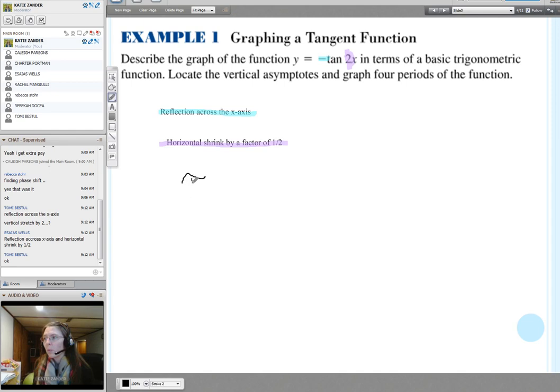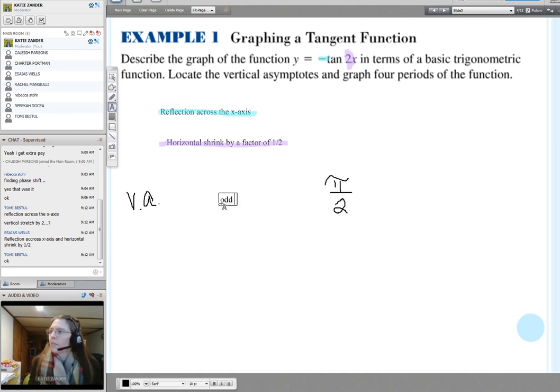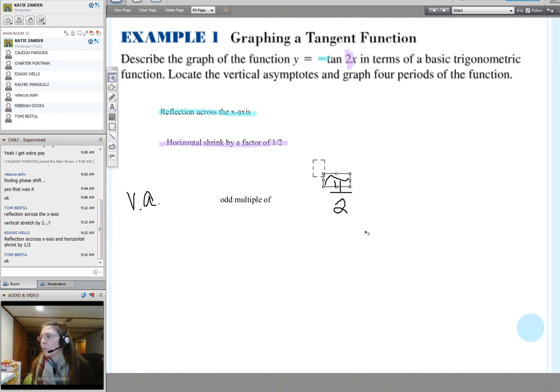So originally we had pi over 2, and let me write this. So originally it's going to be odd multiples of pi over 2. However, because you have that horizontal shrink, that's affecting the asymptotes.